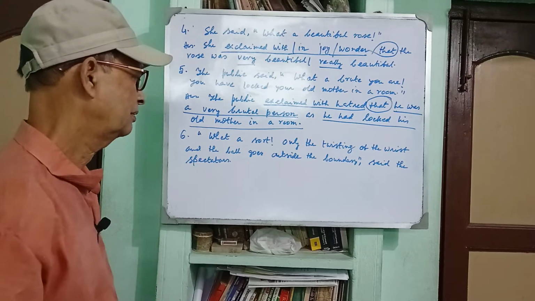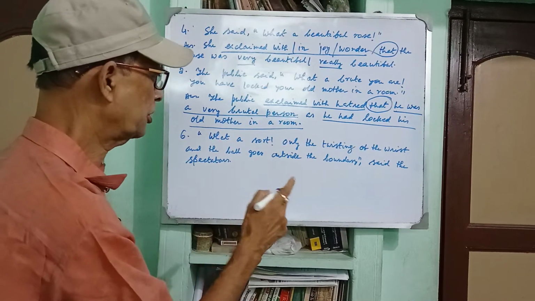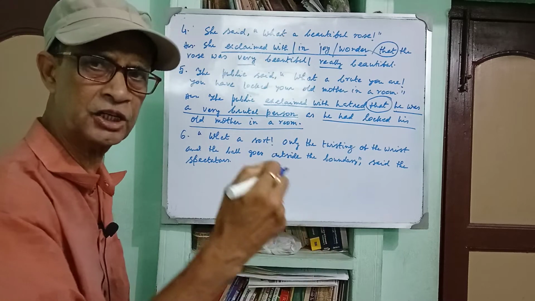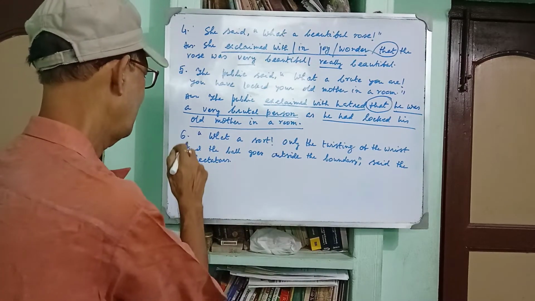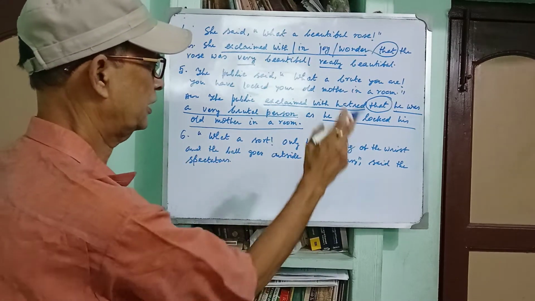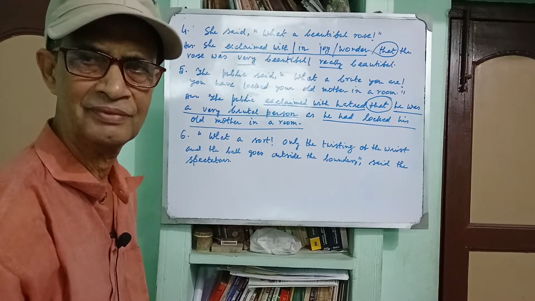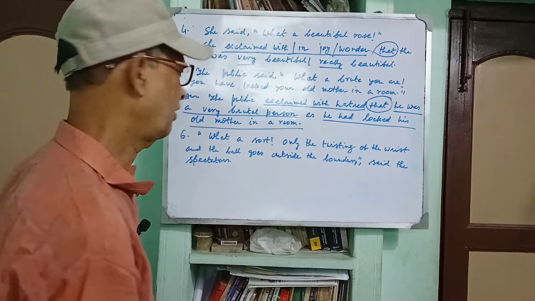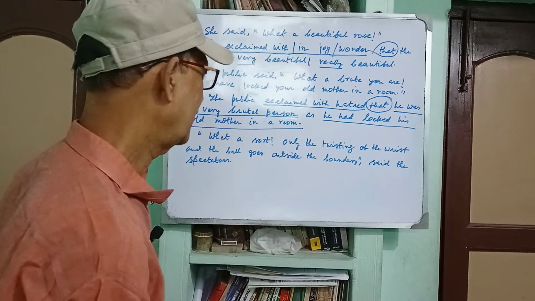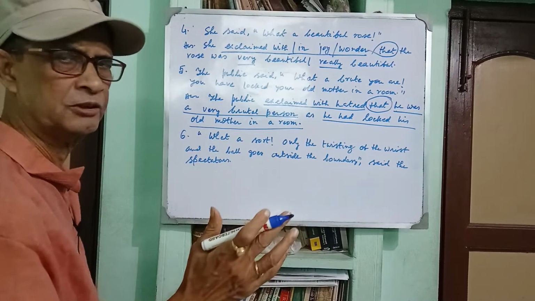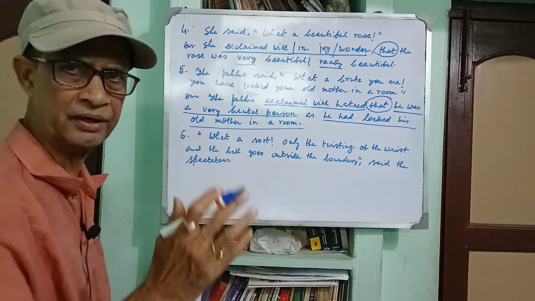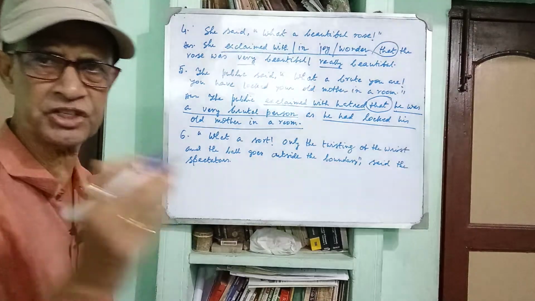What is that? Only the twisting of the wrist and the ball goes outside the boundary. It is a very good expression. Now let us write. The spectators exclaimed with wonder, exclaimed with admiration.